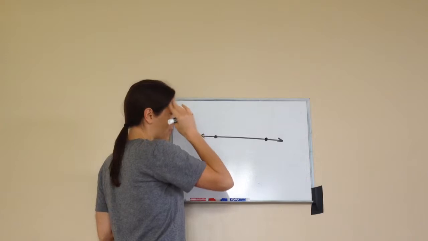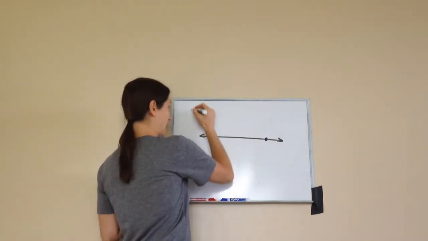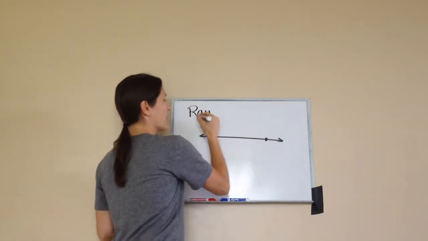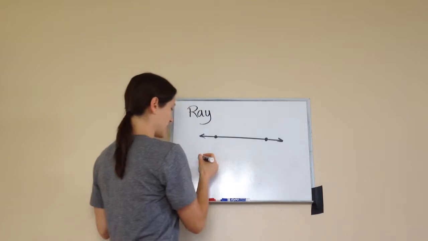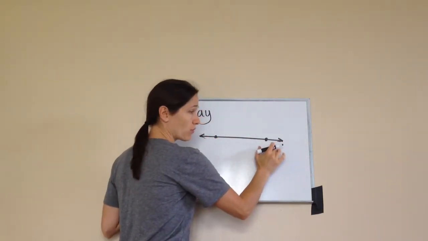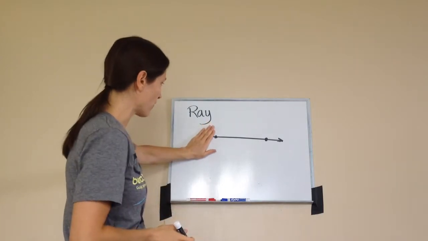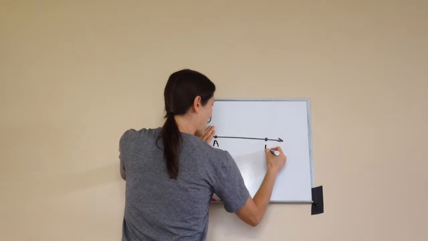So the first one that I want to teach you is something that's called a ray, R-A-Y. And I taught you that last year, but what a ray is, it has one endpoint and then it continues on one side. So, for example, if I were to take off that arrow, this would be ray AB.